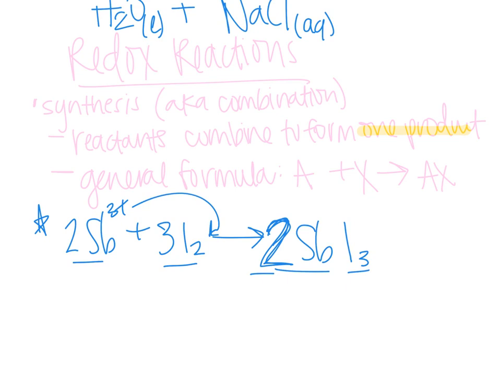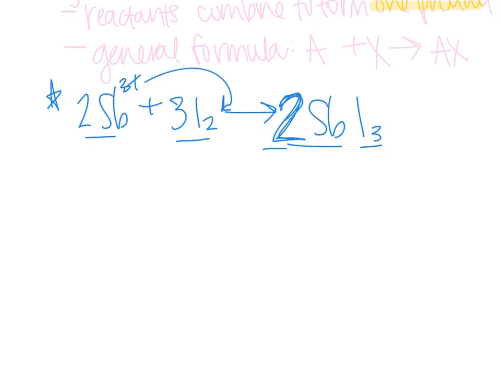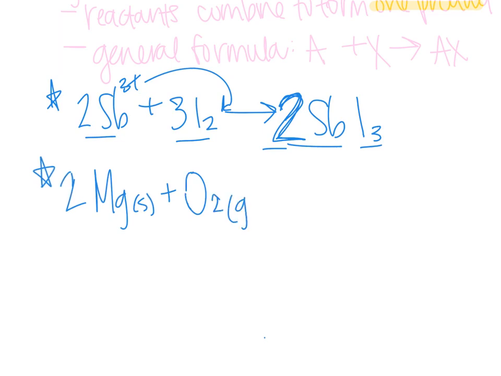Okay, let's do another example of a synthesis reaction. So if we have 2 Mg, and that's a solid, plus O2, and we know that that is a gas, that would yield MgO.